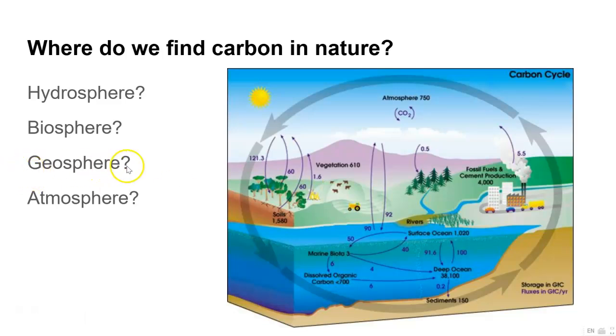The geosphere, same idea here. The carbon is going to be deposited into the soils as fossil fuels, and in the atmosphere it exists as CO2, carbon dioxide. This becomes one of our greenhouse gases, as we'll learn later, but carbon is all over the place, and the cycling of that carbon is just as important as the cycling of water.